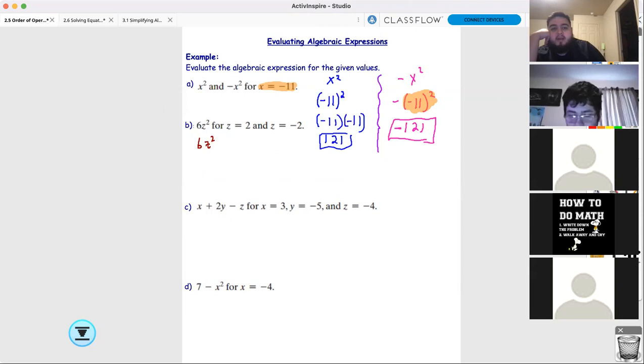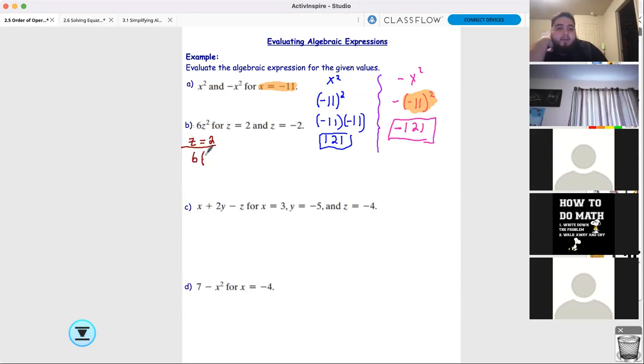So it's the same expression, but we're gonna do it for each z. So I'm gonna do z equals 2 first, so we're gonna plug in 2 for z.